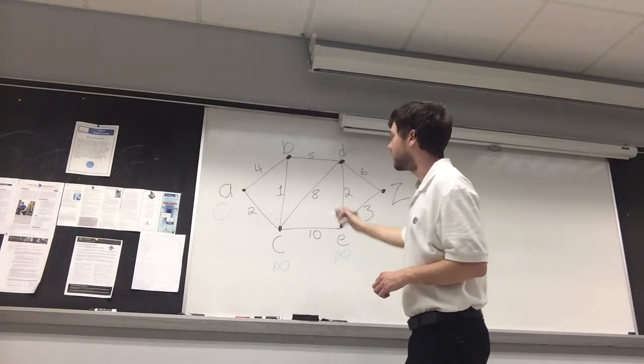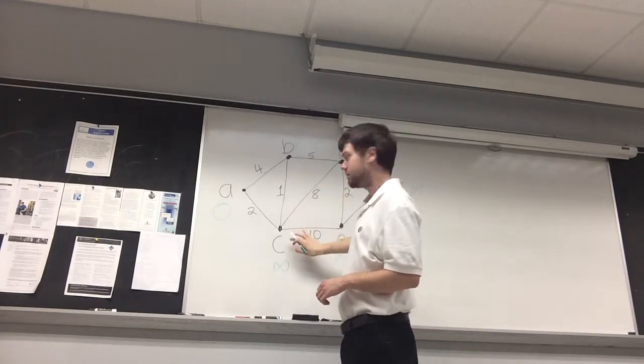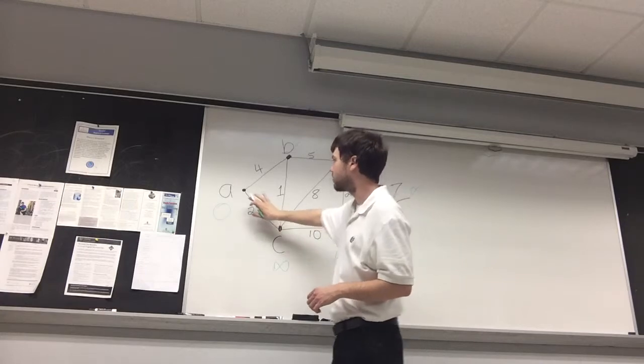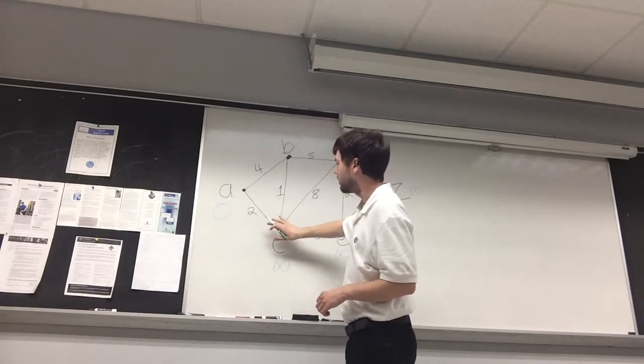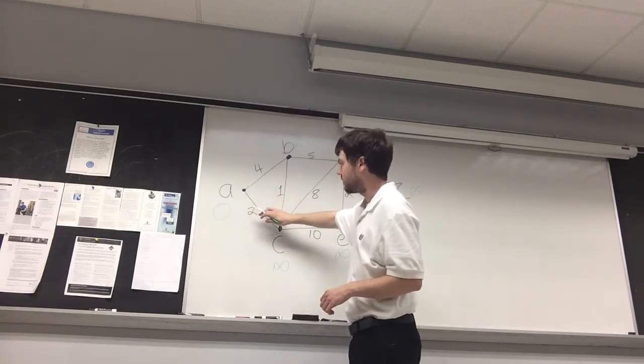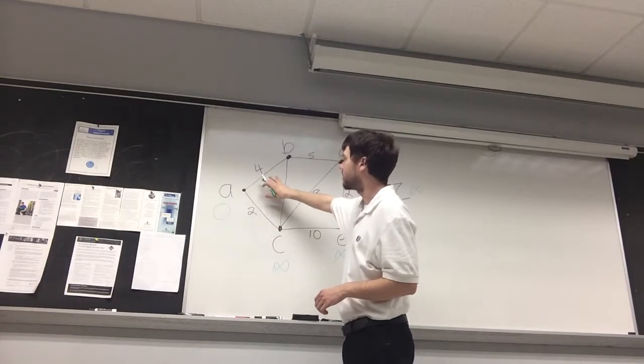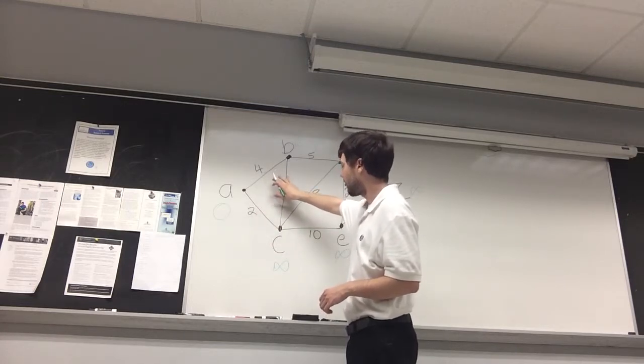Now you examine the neighboring vertices for the origin, and one edge has a weight of 2, and the other edge has a weight of 4.